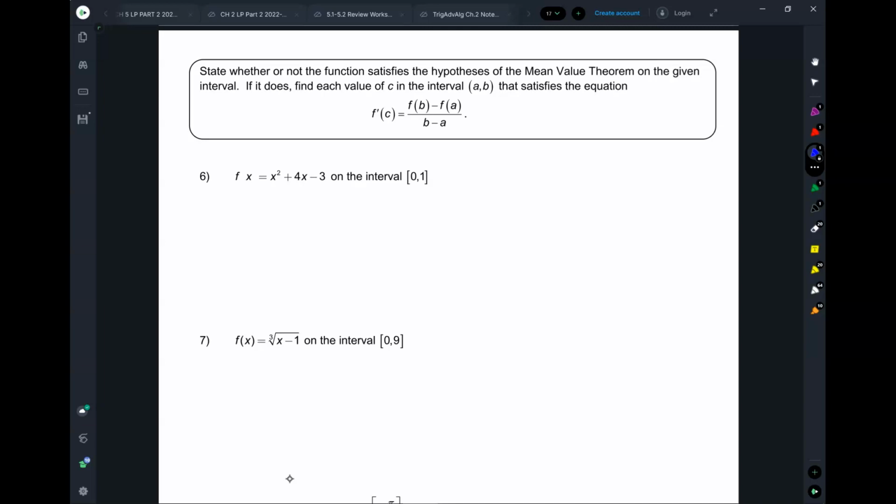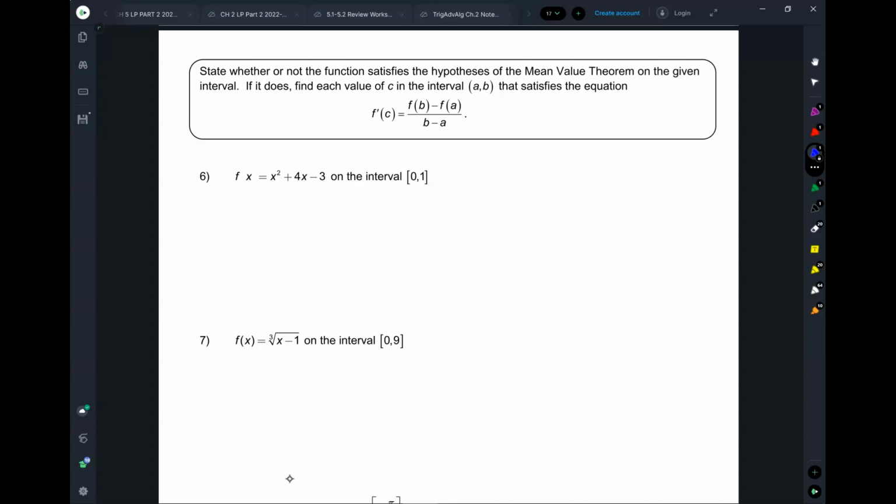Mean value theorem. A couple of things that I would like to stress. First, you have to check that the mean value theorem even applies before you can attempt the problem, right? Because if it doesn't, then it's all wrong.